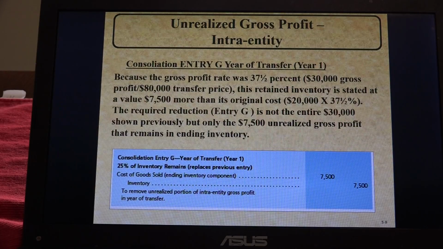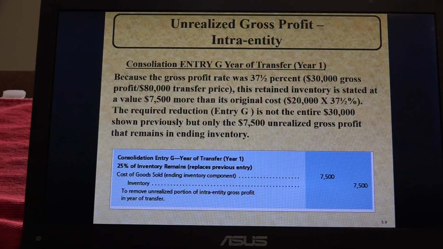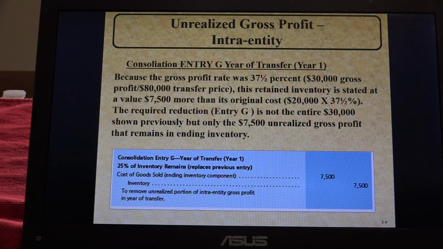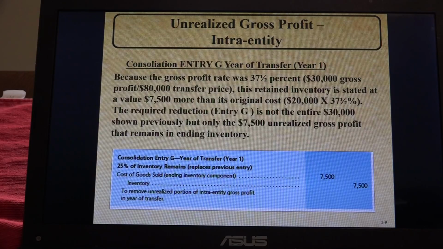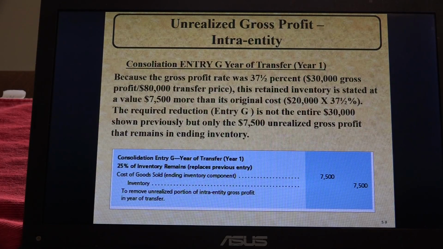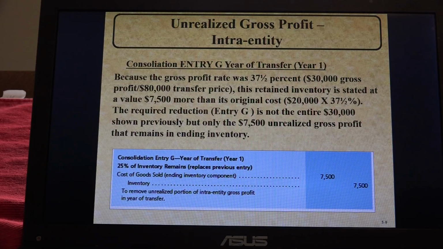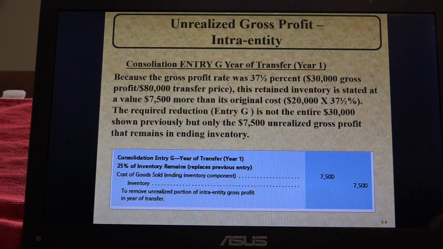And so in this case, what you have sitting in ending inventory is a gross profit amount, not of the total sale, because three-fourths of it's been sold to a third party, and only 20,000 remains in ending inventory. The gross profit sits in ending inventory for that $20,000 balance.